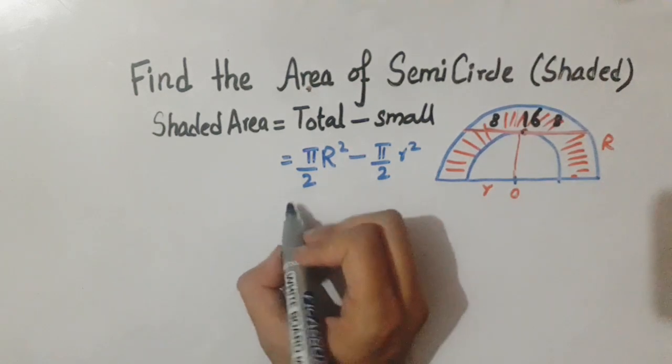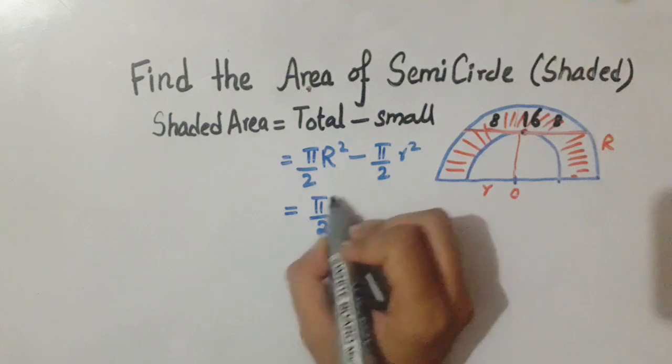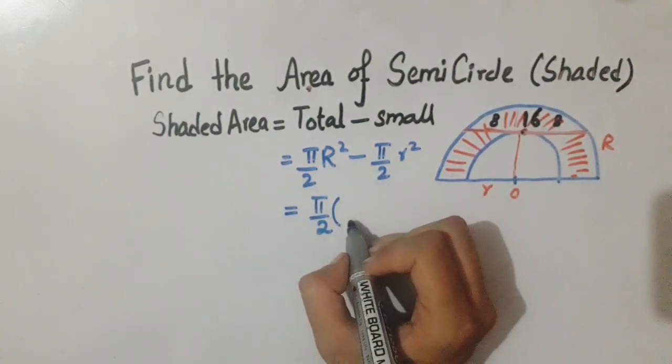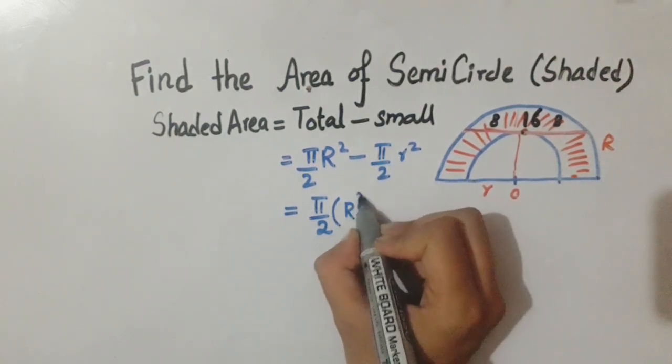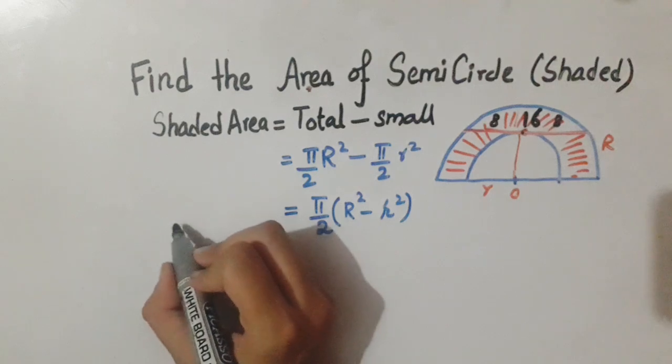Now we will write this with pi by 2 taken as common, so capital R square minus small r square. This is the shaded area.